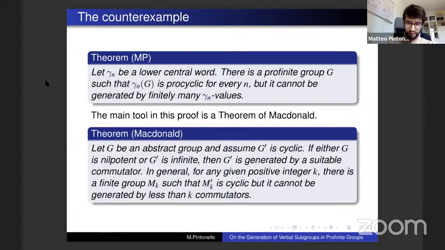A positive result: if G is nilpotent, or the derived subgroup is infinite, here infinite as an abstract group, so infinite cyclic, then the derived subgroup is generated by a single suitable commutator. But in general, for any given positive integer k, there exists a finite group N_k with cyclic derived subgroup that cannot be generated by fewer than k commutators.